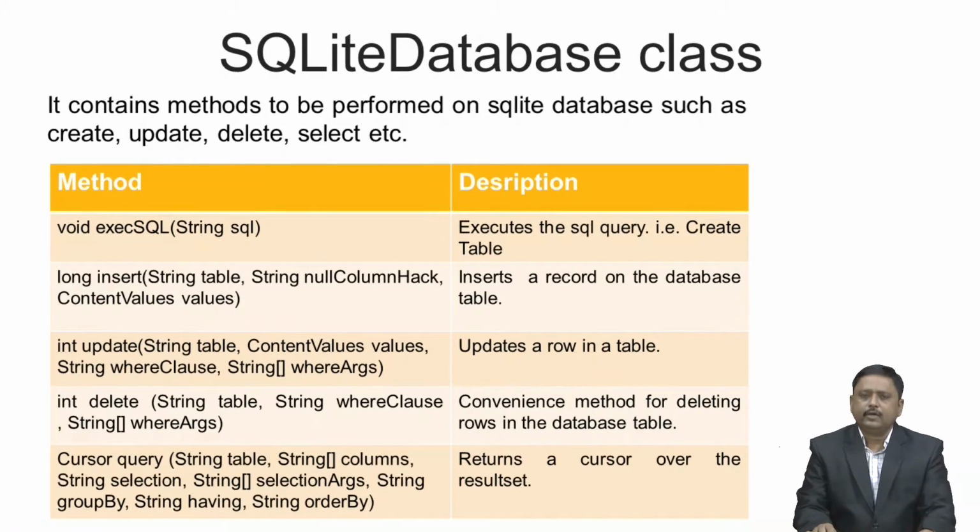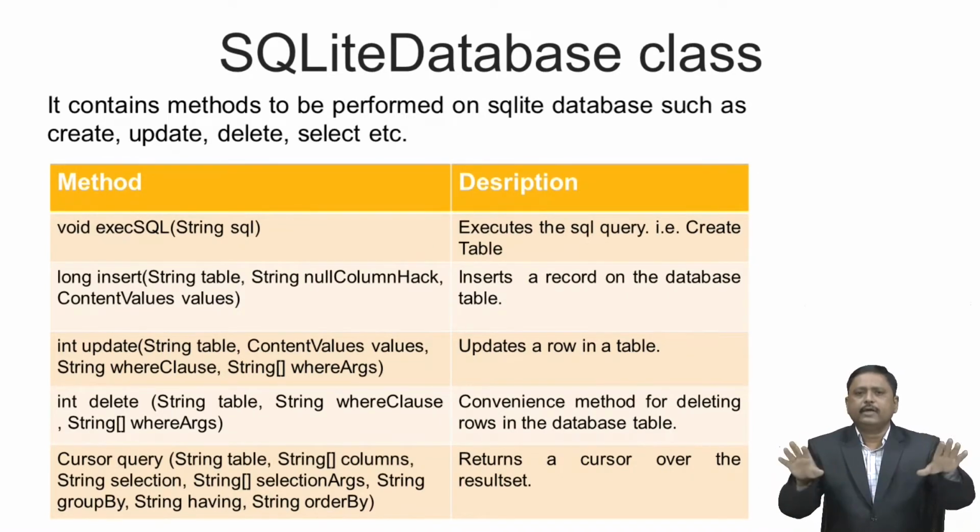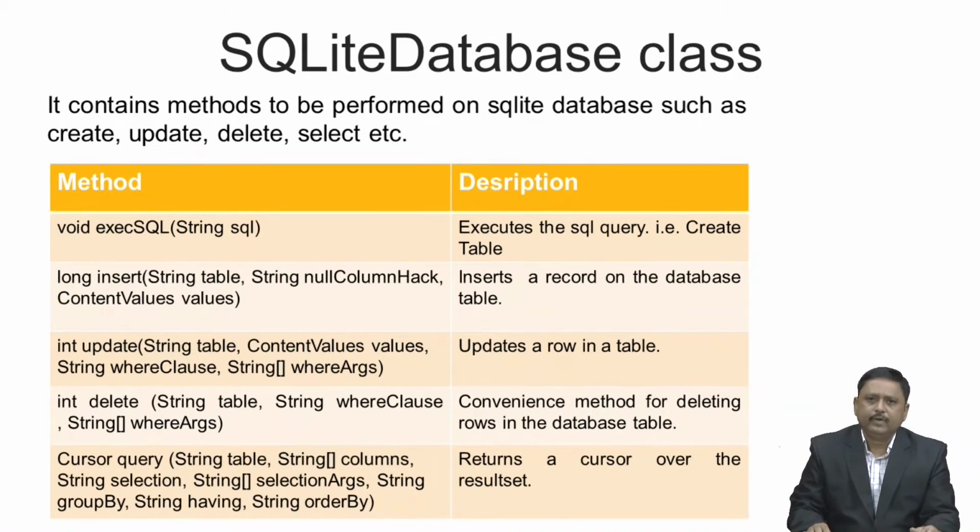Another method is insert, which is used to insert a record in the database table. Now, suppose I want to add one student's data which consists of 3 pieces of information: ID, name and program. So, for that I have to provide the table name, then suppose I want to provide values to all columns, then the second argument should be null, and the last argument, the third argument, is ContentValues. Inside ContentValues we store the field name with its corresponding value.